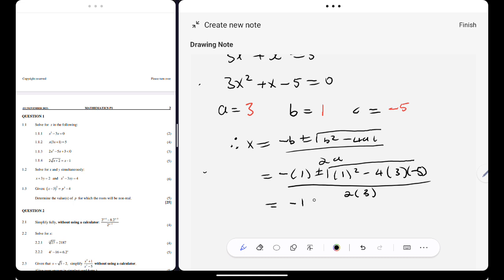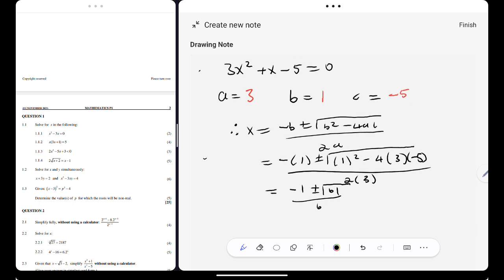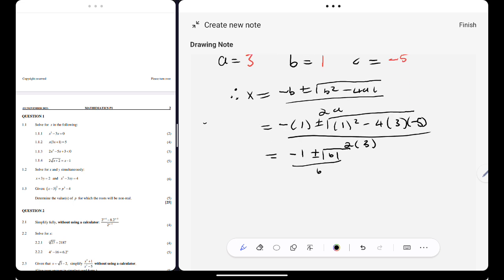So this is minus 1 plus or minus the square root of 1 minus 12 times a negative 5, which is 60, so I have 61 over 6. So therefore, since I don't have a calculator, I'll just leave it like this.